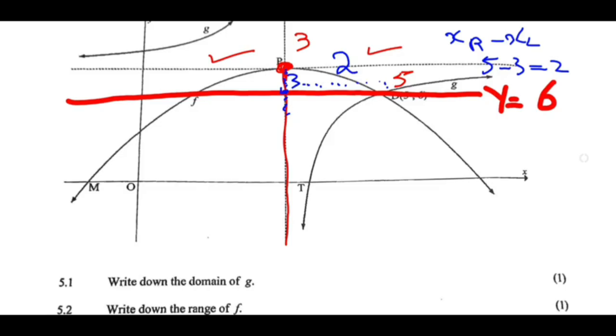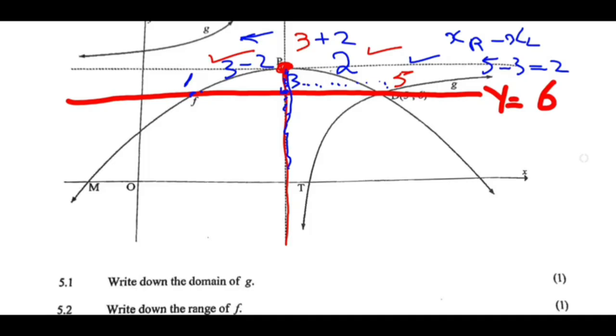So if you go right hand side, to 3 you add 2, so it becomes 5. If you go left hand side, 3 you minus 2, and that will be 1 here. So here is 1, because the axis of symmetry is 3.